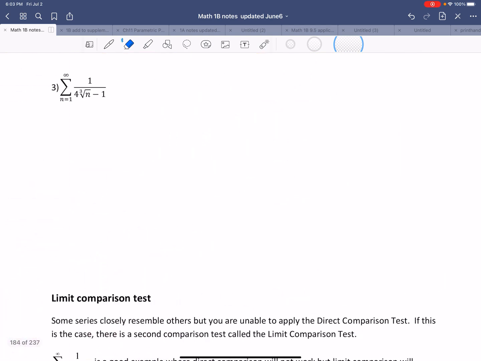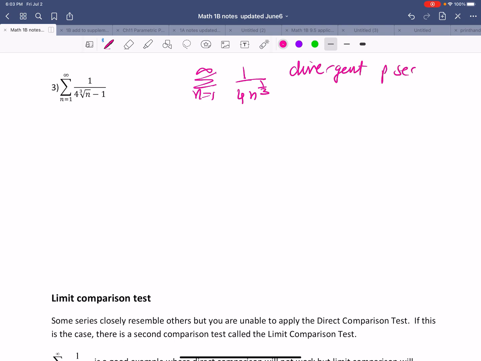Let's see, for this one, we can try to compare with 1 over 4 n to the power 1/3. Now for this series, we know it's a divergent p-series.